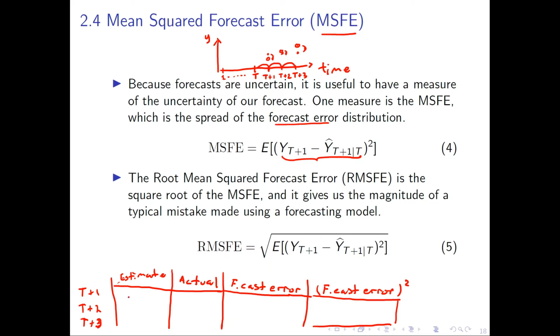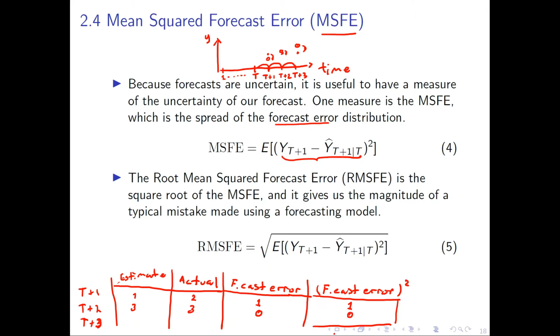So if our estimate in the first period was 1 and the actual price was 2, then our forecast error is 1, and the squared forecast error is just 1 squared, which is 1. And if our estimate in the second period was 3, and it turned out to be 3, then the forecast error would be 0, and the squared forecast error would be 0.